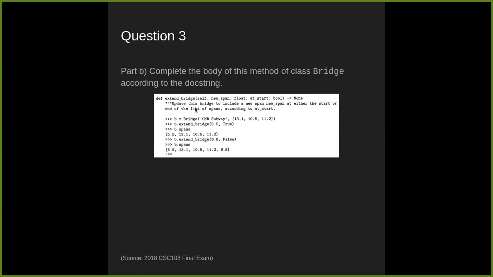When you run b.spans, you would see that 5.5 was added at the beginning of the span list. If you extend the bridge with 8.8 and False, and then run b.spans, you should see that 8.8 is added at the end because add start was False. So I'll give you guys 1 minute to implement this function.